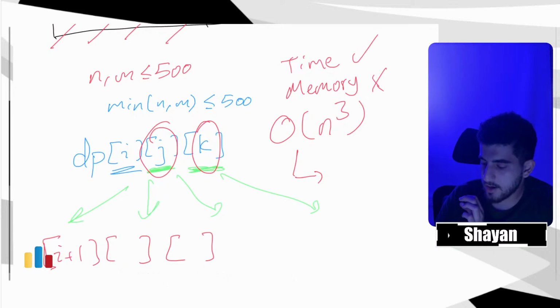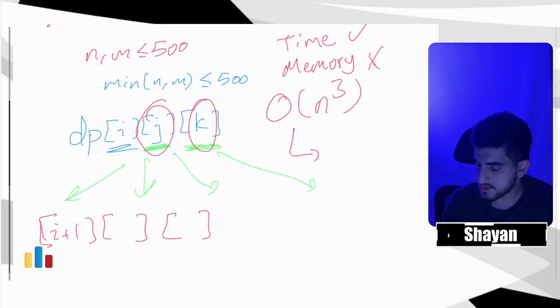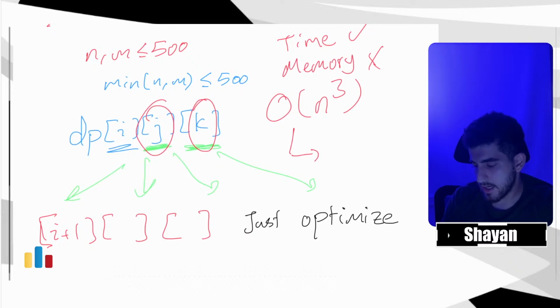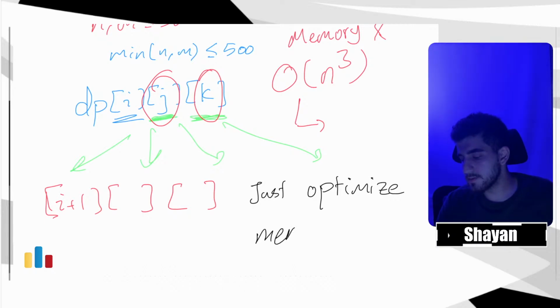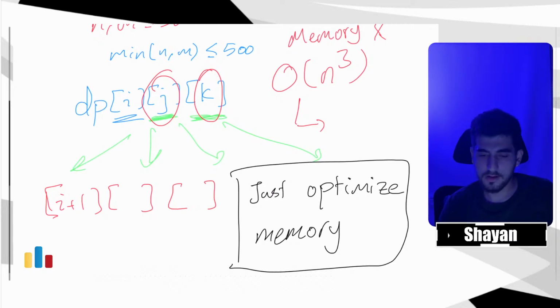We just want to optimize memory and not time. About time, we're good with that. N cubed is good for time. How can we optimize memory?